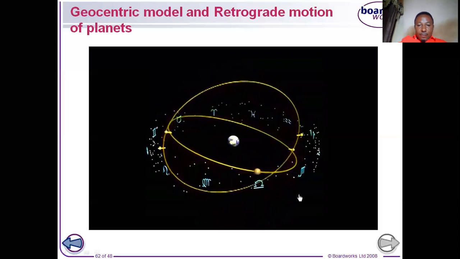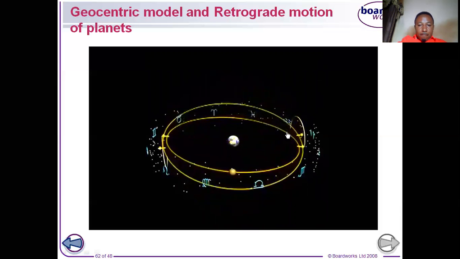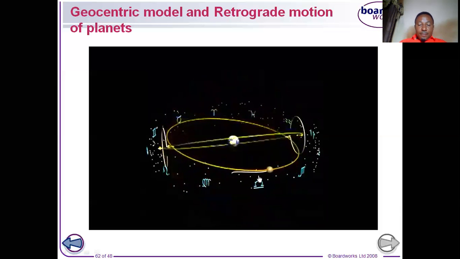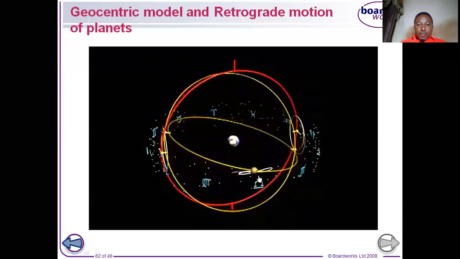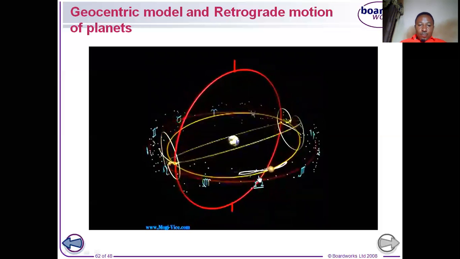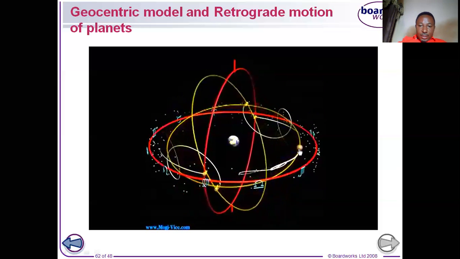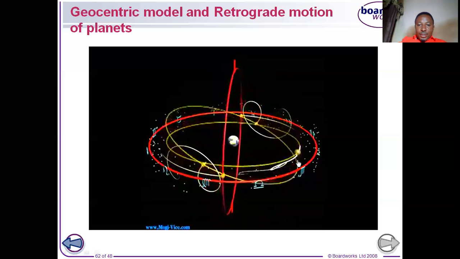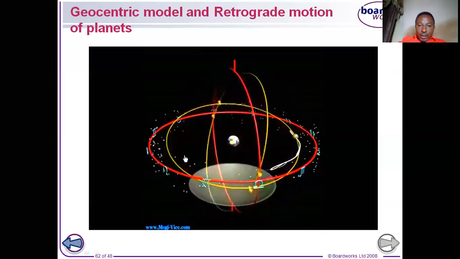This is an idea of how a planet moves in a geocentric model. If you look closely, you notice that this planet keeps going backward and forward as it moves around the Earth.